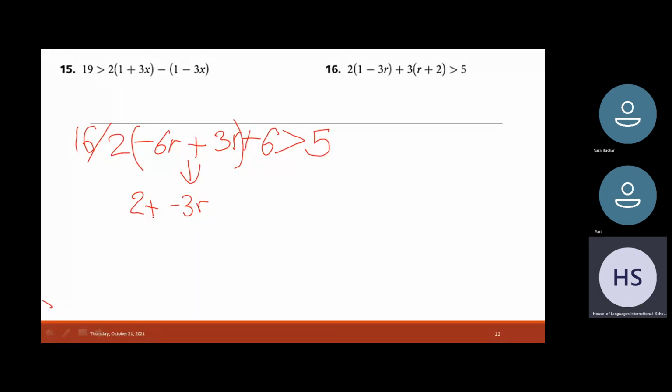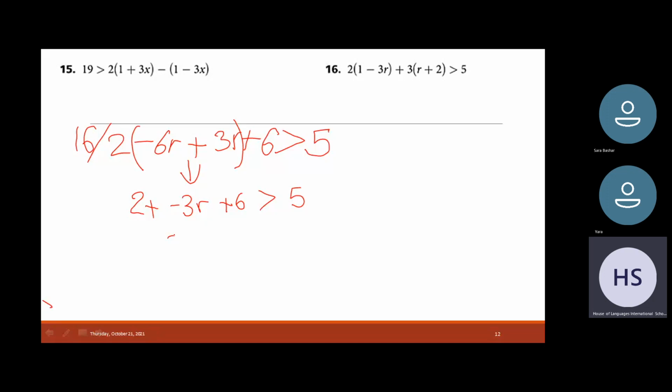2 plus negative 3r plus 6 greater than 5. Continue. If you have a plus sign, don't forget. 2 minus 6r, combine them. 2 and 6 together.